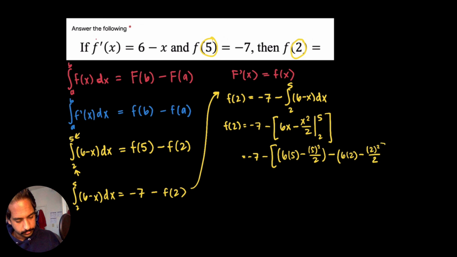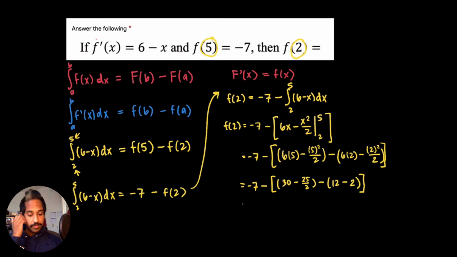Alrighty. And so, we're going to simplify this, equals negative 7 minus 30 minus 25 over 2 minus 12 minus 4 over 2, which will just be 2. Negative 7 minus 25 over 2, that is 12.5, so 30 minus, or actually, I can do 60 over 2 minus 25 over 2, minus 10.